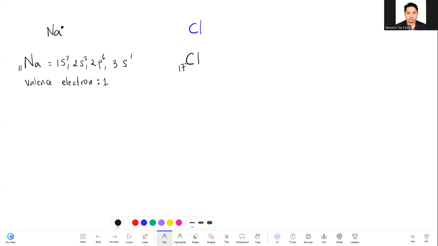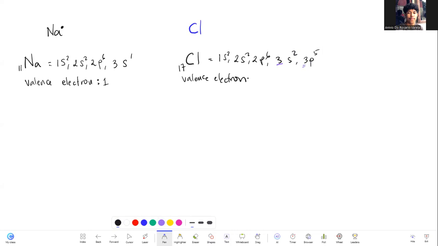So the electron configuration is 1s2, 2s2, 2p6, 3s2, 3p5. This is the valence shell, but how many valence electrons does chlorine have? 7 valence electrons.